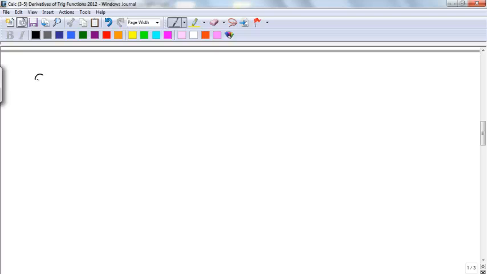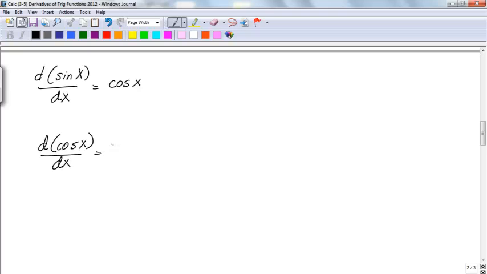Okay, so the derivative of sine of x with respect to x, so x is your angle, we said was cosine. And notice on this our angle is just x. The derivative of cosine of x with respect to x is a negative sine of x.